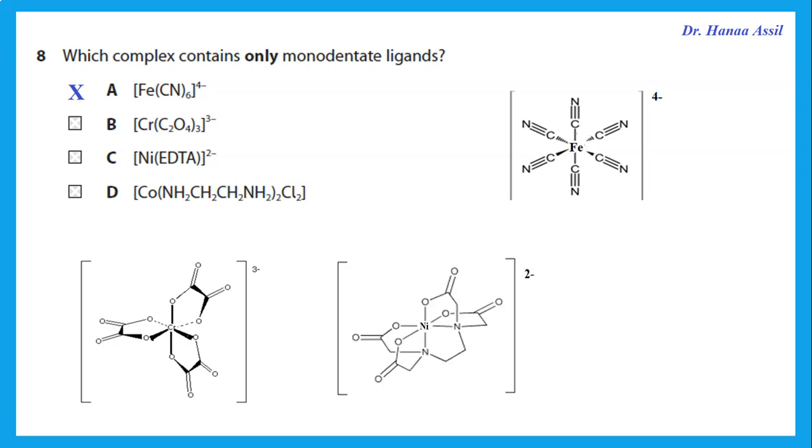The EDTA is a hexadentate or a polydentate, and that diamino compound is a bidentate ligand. It has a chloride, which is monodentate, but it wants the complex that contains only monodentate ligands, so that's the first choice.